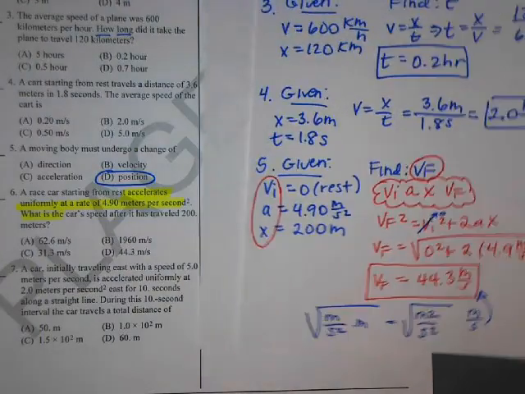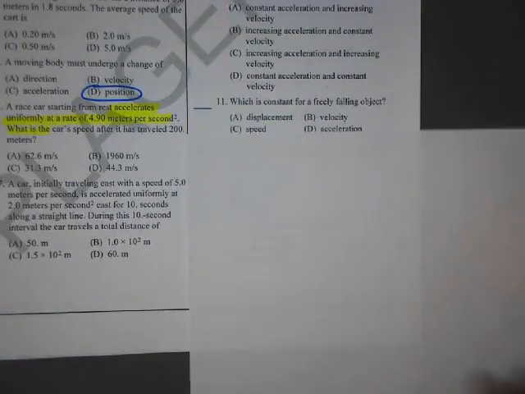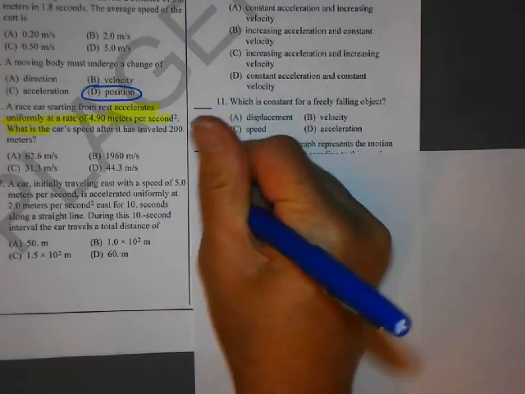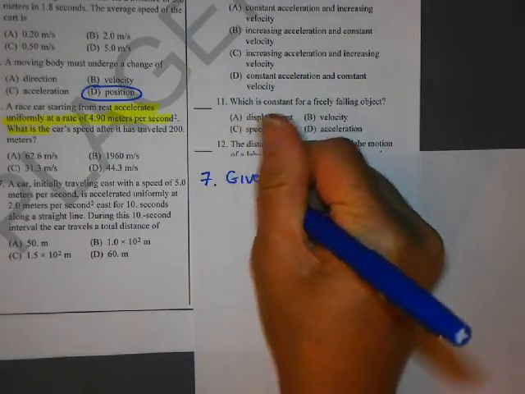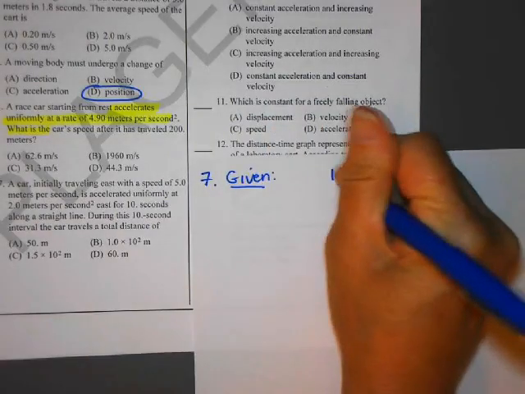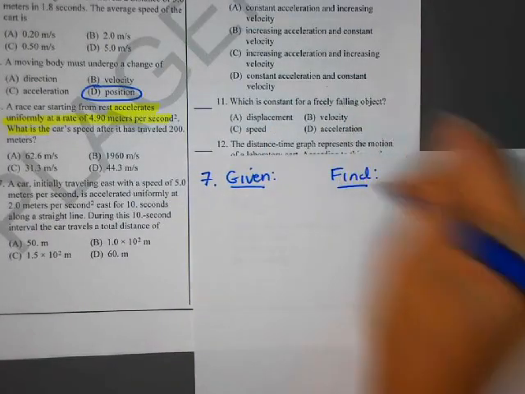Okay, let's go on to number 7. So number 7 says a car, and we're going to do our given and our find because we want to do our systematic approach to problem solving.